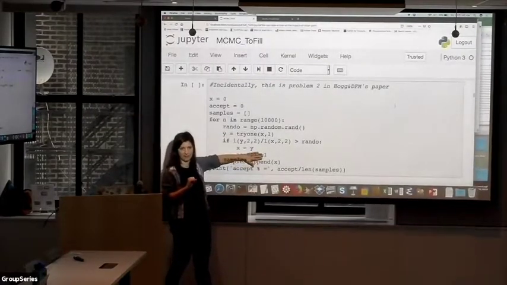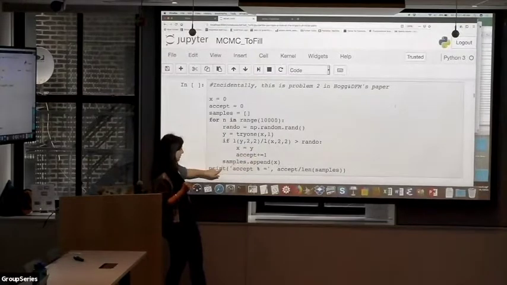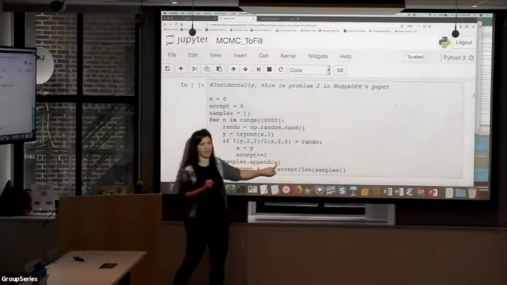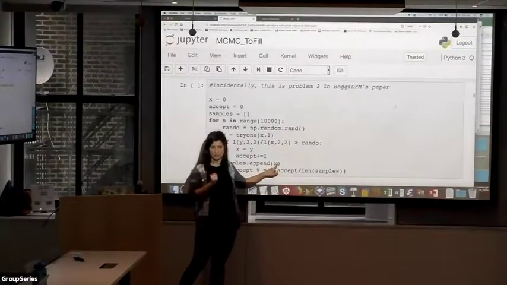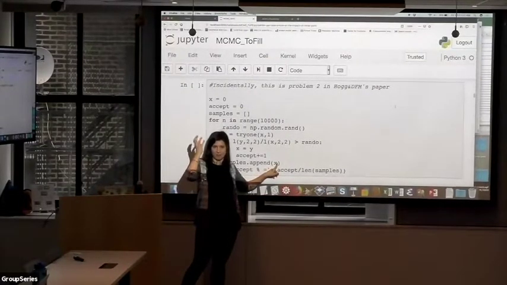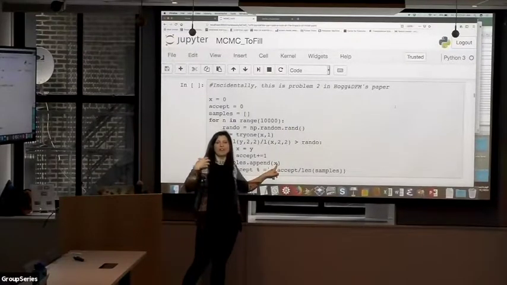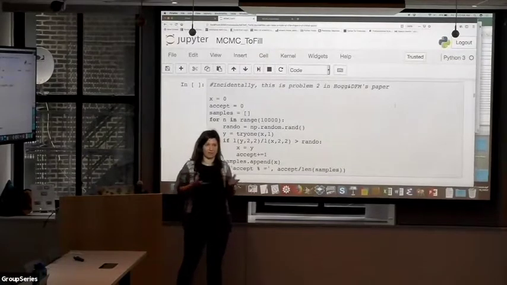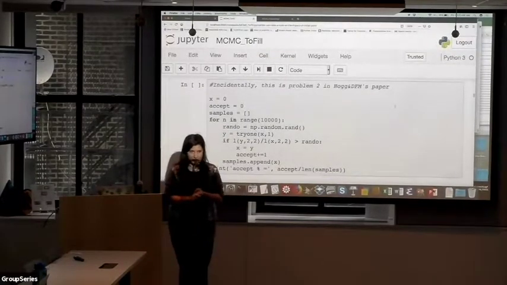This is something I didn't ask you to do, I'm just doing it for myself. And then, in either case, I'm going to append the point x, which is my new current location, either the same as the old one if the step has not been accepted, or the new proposed location if the sample has been accepted.